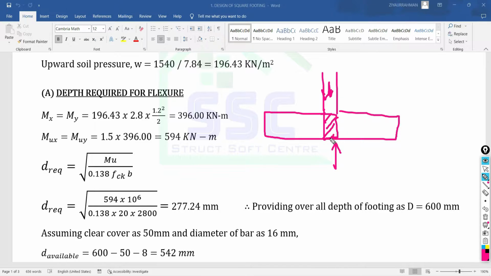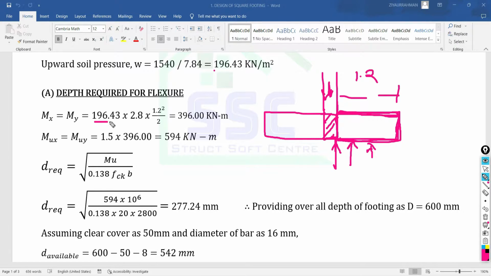Only this projected cantilever portion is going to be disturbed by the upward soil pressure, and due to that a moment is going to be generated at the face of this column. So I am going to call this the cantilever portion. I have to calculate the moment at this face, and this projected portion in both directions is 1.2 meter.